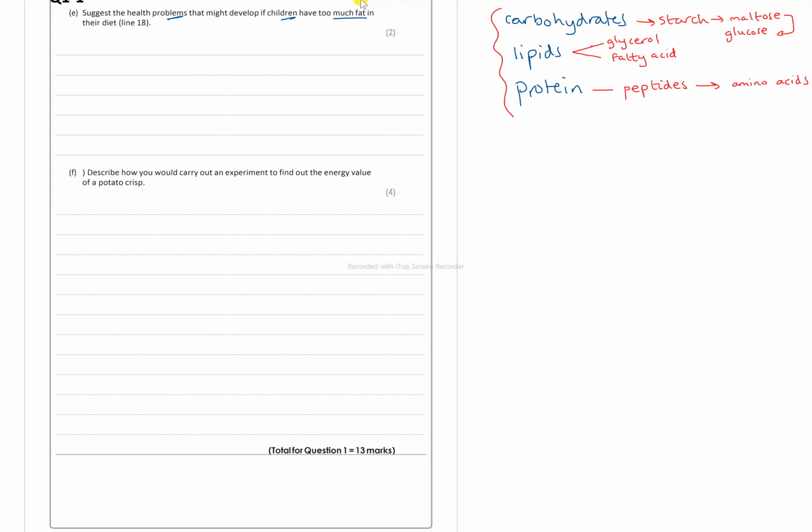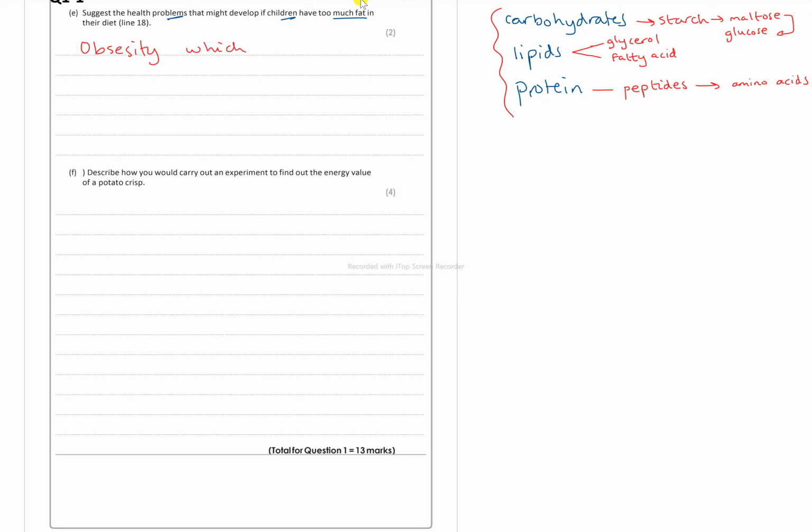Right, okay, suggest health problems that might develop if you've got too much fat. The most obvious one that they're looking for is obesity, where you become seriously overweight, which can lead to two things.